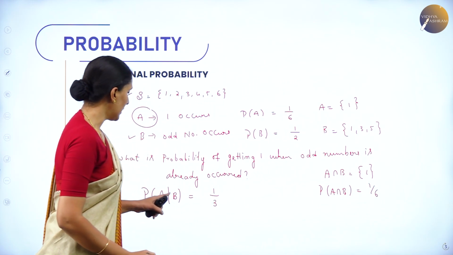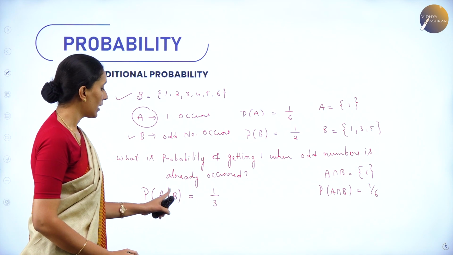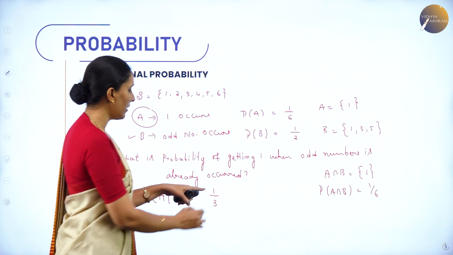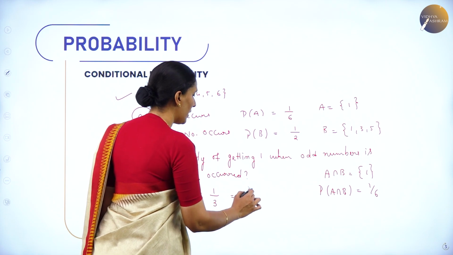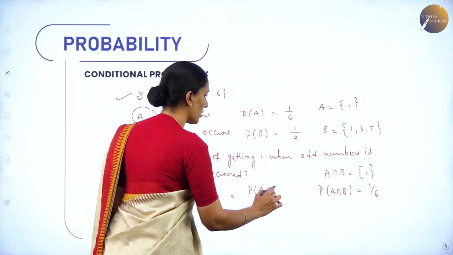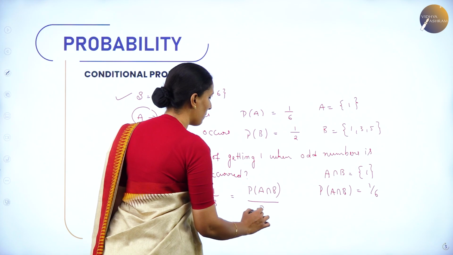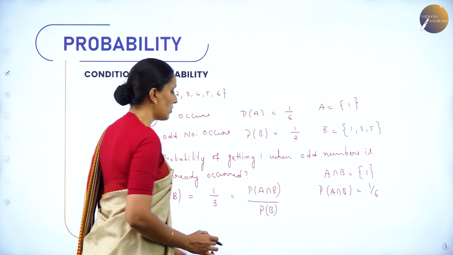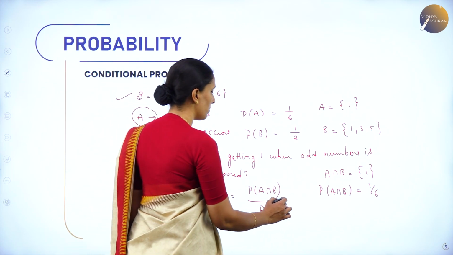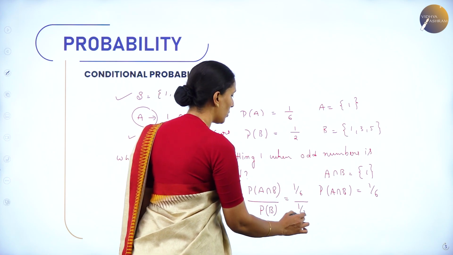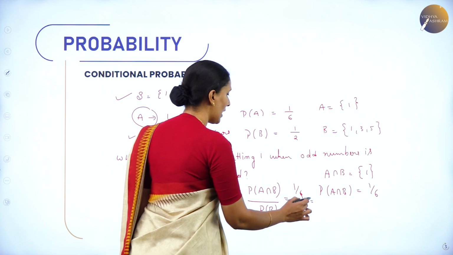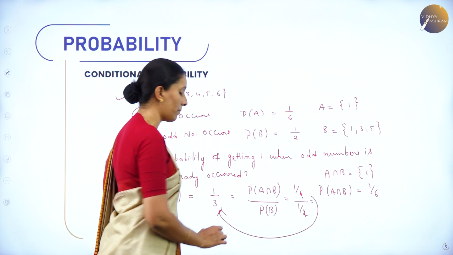Now when I say the probability of A given B has already occurred, this 1 by 3 is nothing but the probability of A intersection B divided by the probability of B. The probability of A intersection B is 1 by 6 and the probability of B is 1 by 2, which when we cancel, gives the value 1 by 3.